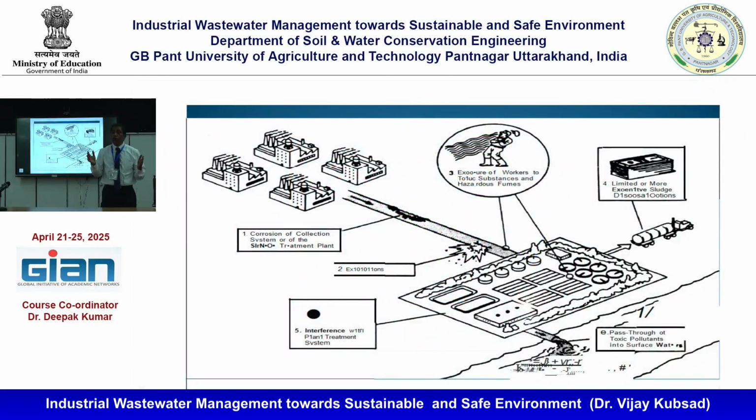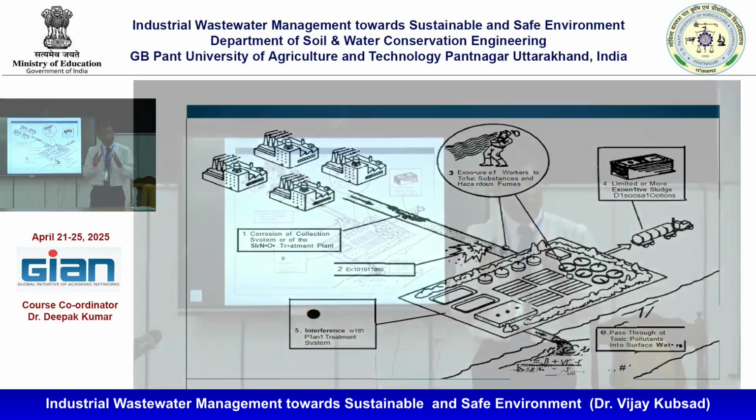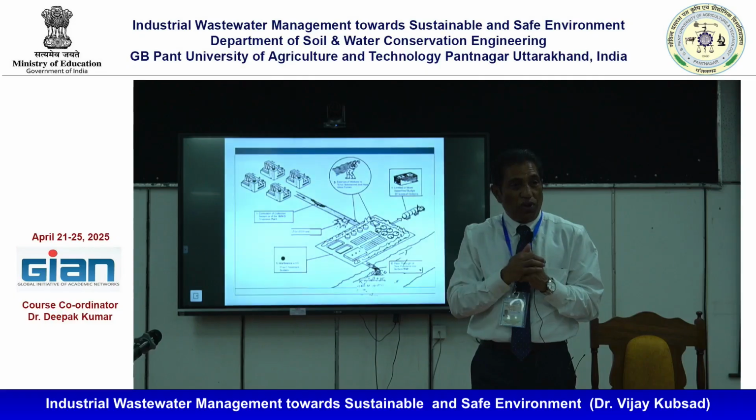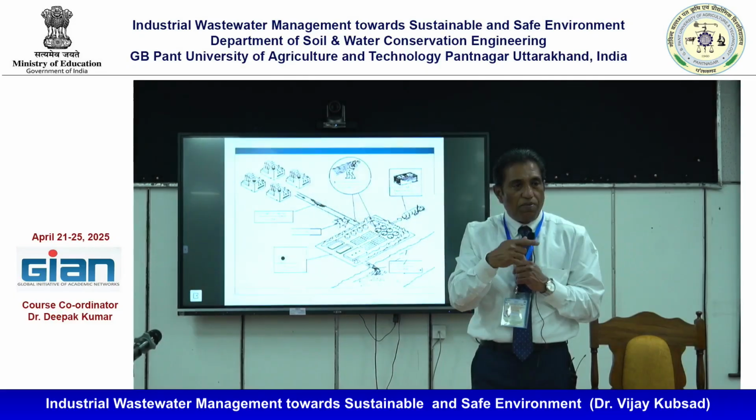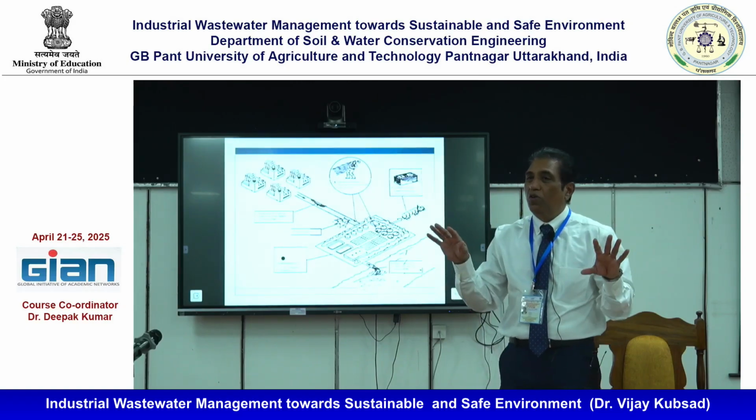If the wastewater is coming from an industry, what happens? The ideal pH is about 7 to 9; usually 6 to 11 we can permit for industries. If it is low, 3 or 4, what happens? It will cause issues to the sewer line. Sewer lines will be corroded.